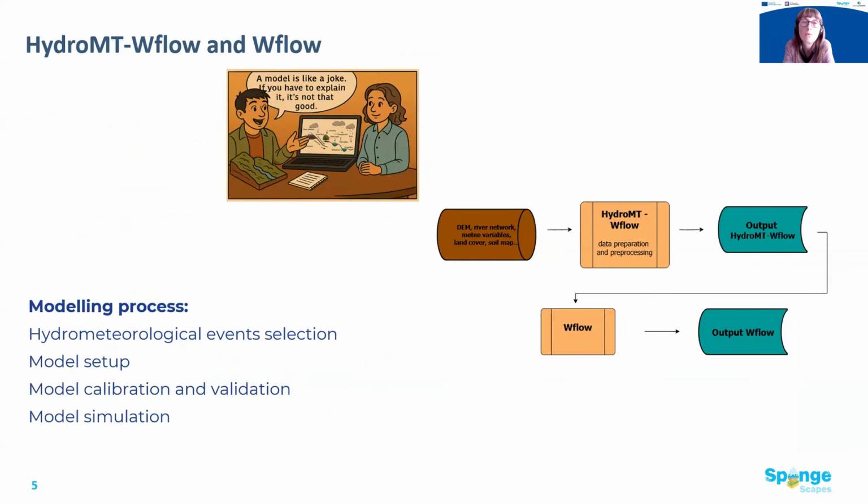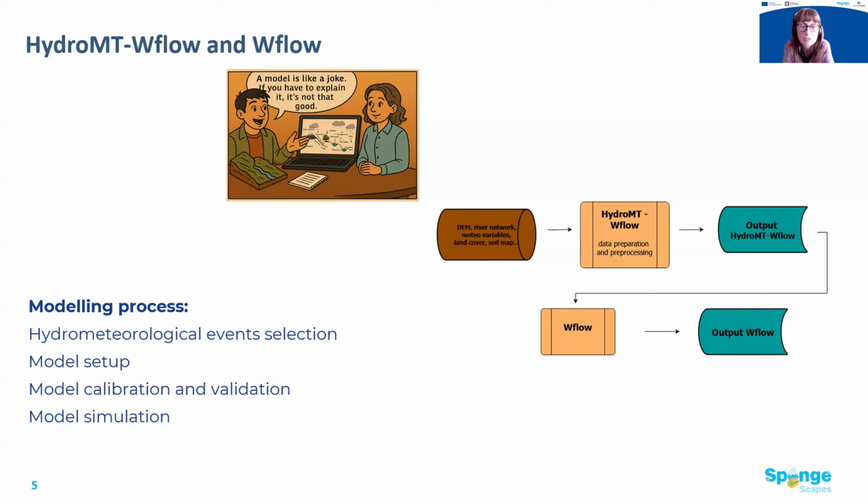Now, if we go more into detail, WFlow goes hand in hand with HydroMT. This is actually a tool that prepares and pre-processes our input data. The output of HydroMT are two files that serve as input for the WFlow model, whose main output is, of course, river discharge.